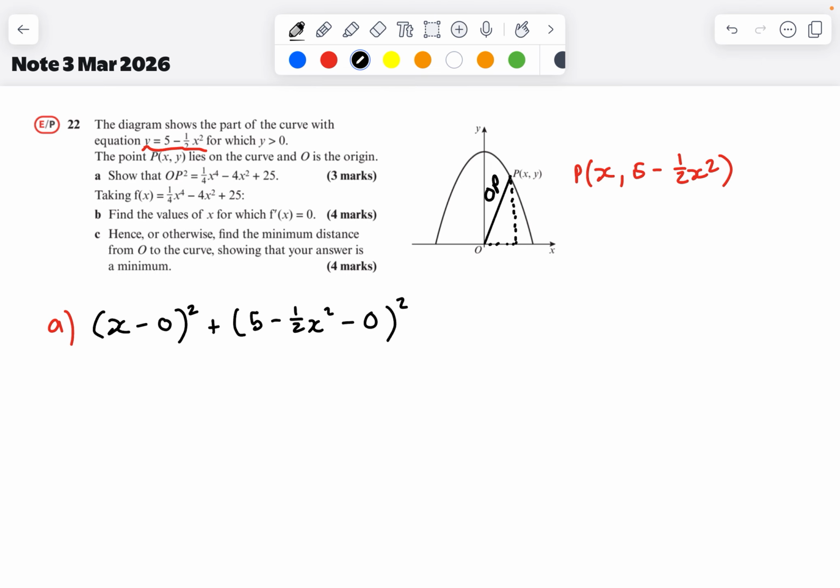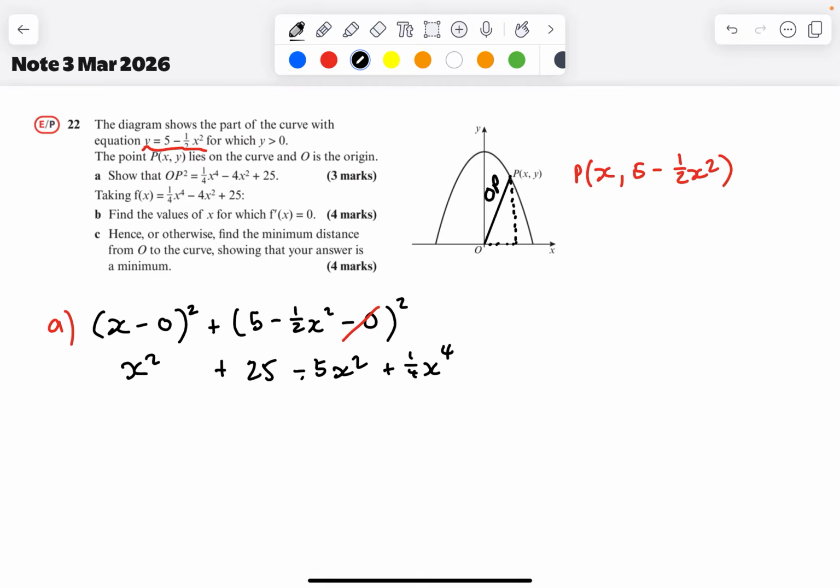Now I'm going to square these. So x minus 0 all squared is just x squared. If I square this, I can forget the 0 because that's not doing anything. So I get 25 minus 5x squared plus 1/4 x to the power of 4.